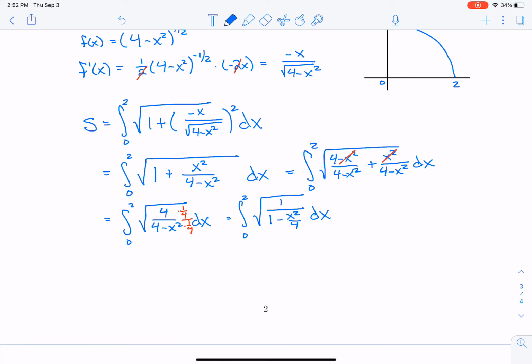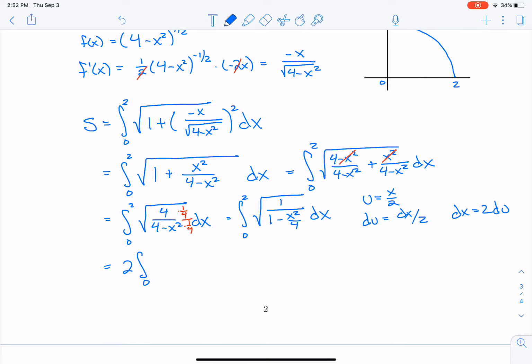Okay, it's not immediately clear what's next, but I'm going to let u be x over 2, and then du is going to be dx over 2, or dx is going to equal 2 du, so that this becomes 2 times the integral from 0.